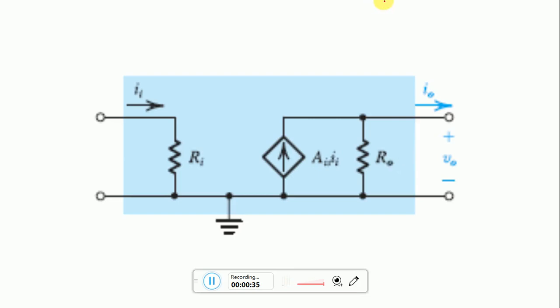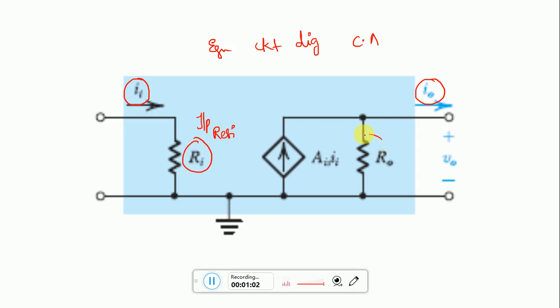Okay, this is the equivalent circuit diagram representation of current amplifier. The input is in the form of current and the output is also taken in the form of current, that is nothing but current amplifier. Now you see here, this is called as input resistance, and this is called as output resistance.